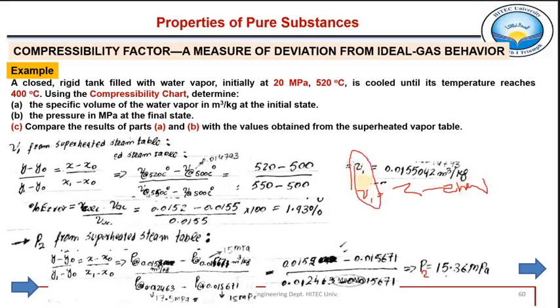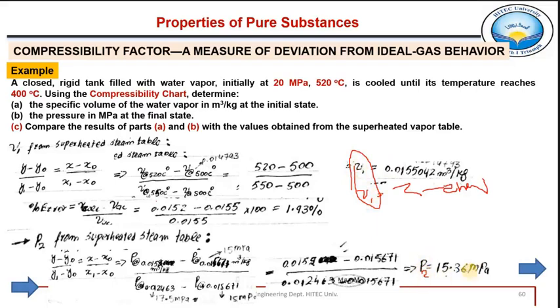The formula for percentage error is: V1 calculated is from the Z chart, and V1 actual is from the steam table. So V1 calculated minus V1 actual, divided by V1 actual. This will give us the percentage error.